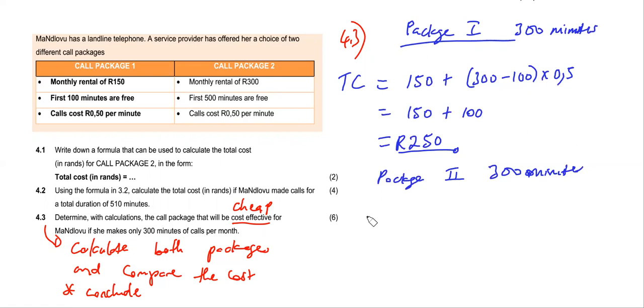The total cost is going to equal 300 plus 0 times 0.5, because there are no extra minutes used. So the cost will be 300.